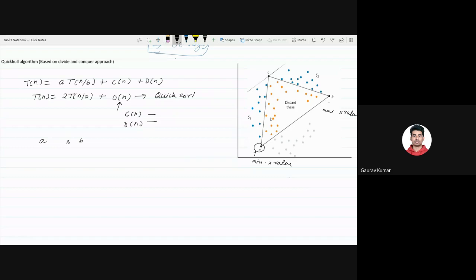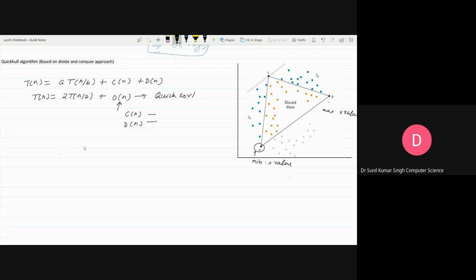So for understanding the concept of this algorithm, what we have to do is follow the steps: first finding the points which have the lowest x coordinate and highest x coordinate.